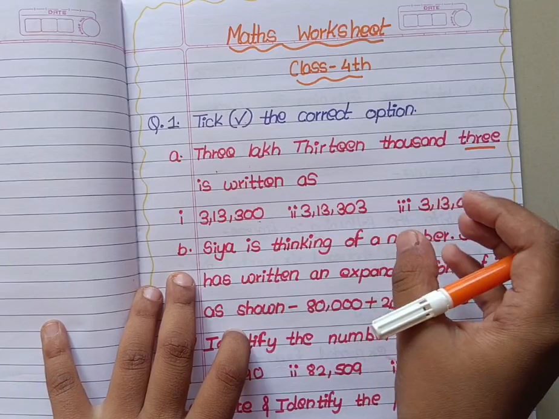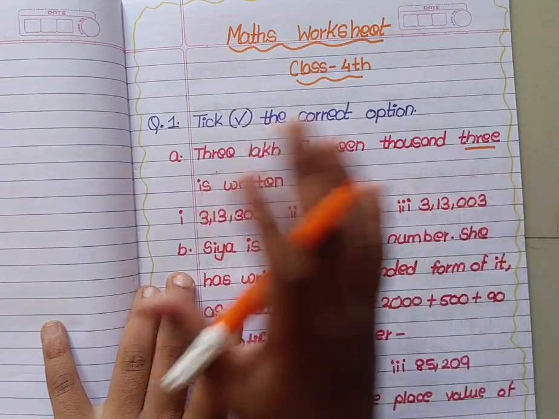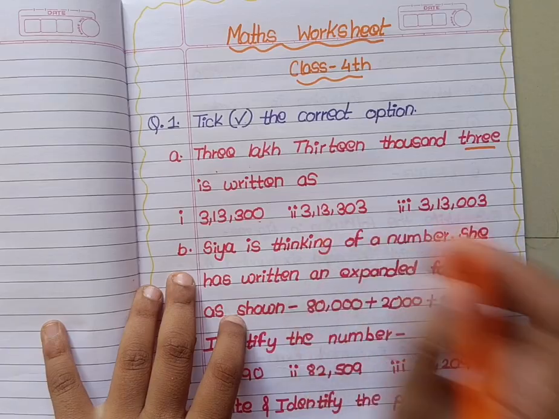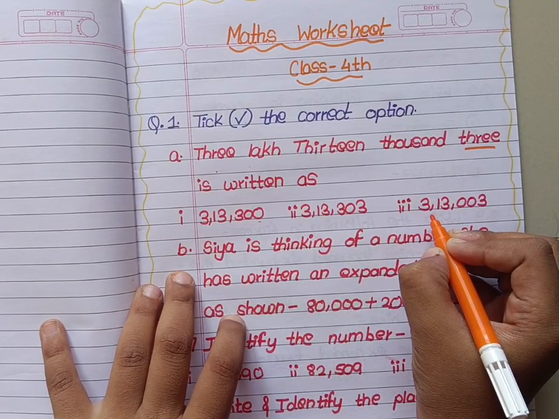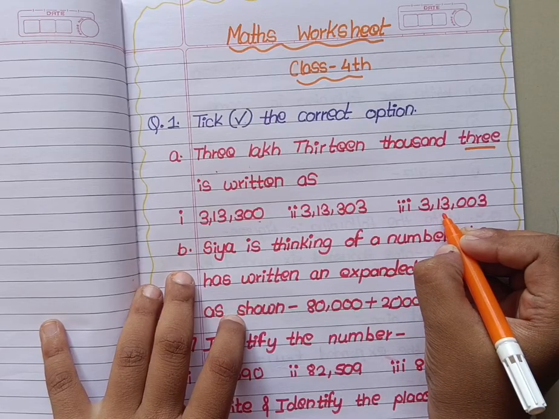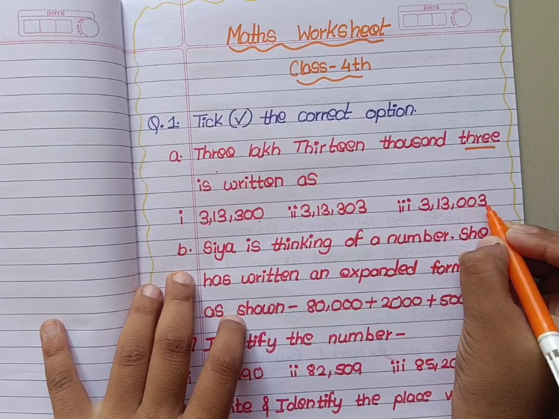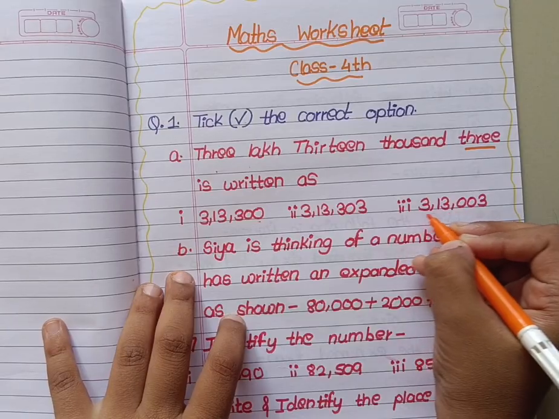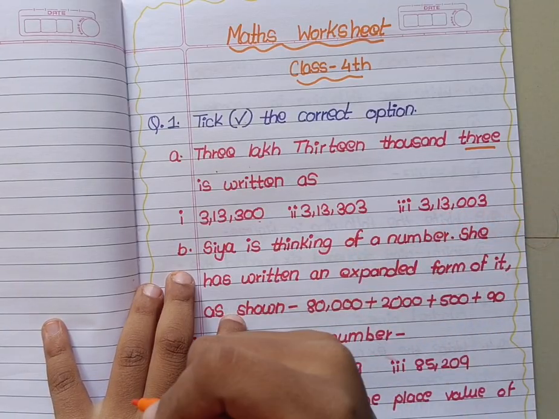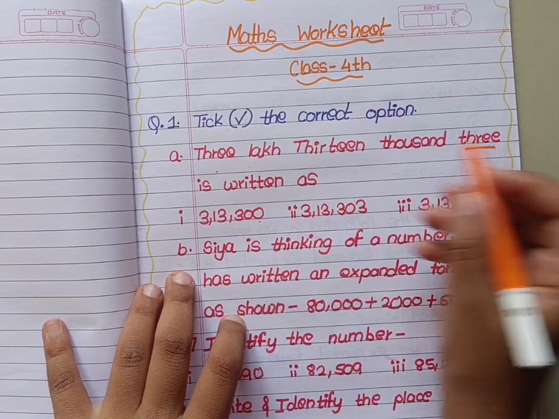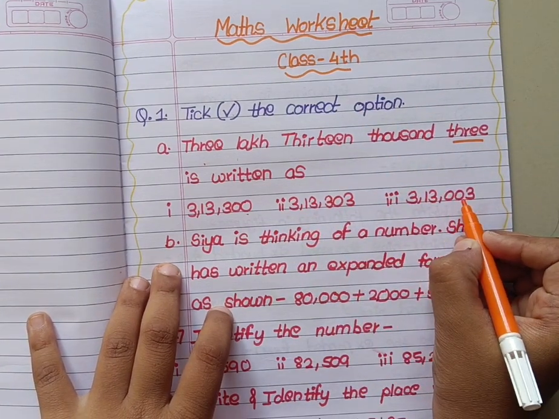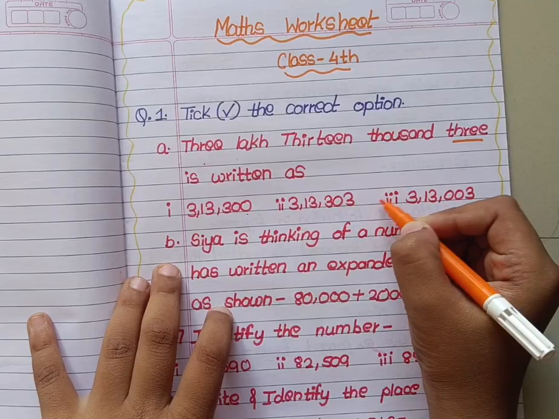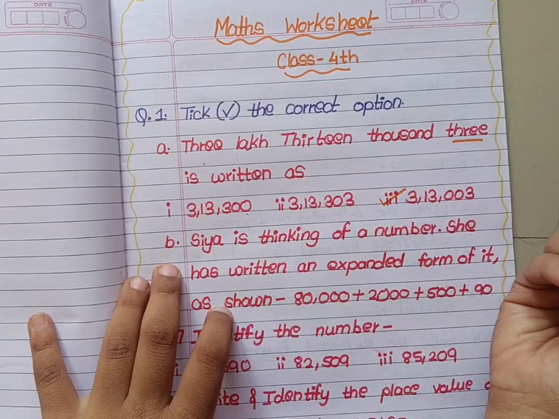This is again wrong because 300 is not given here, only 3 is given. Next: 3,13,003. This is our correct option, because no 100 is given and no 30 is given. Only 3 is given.